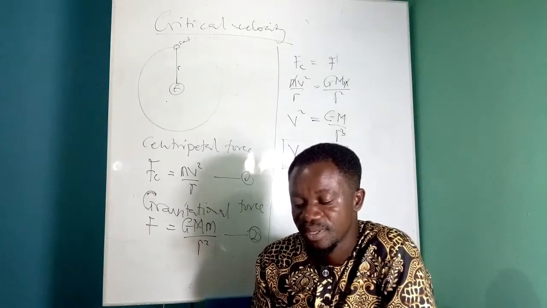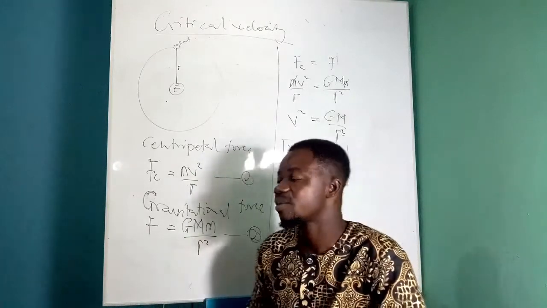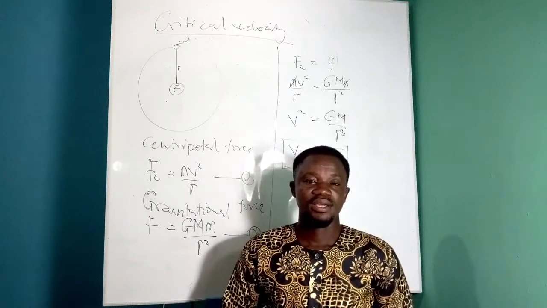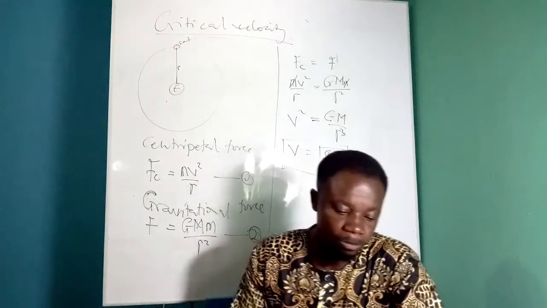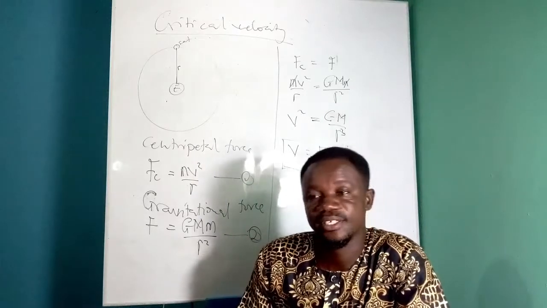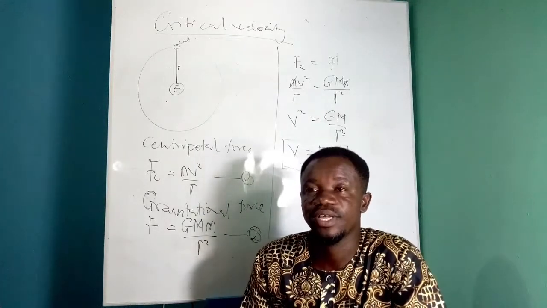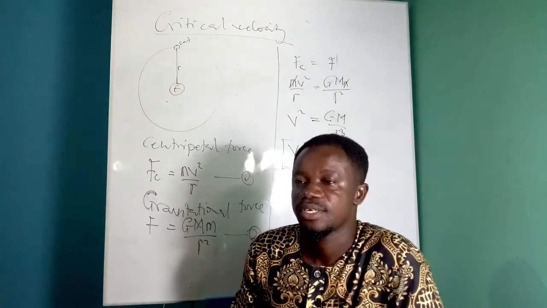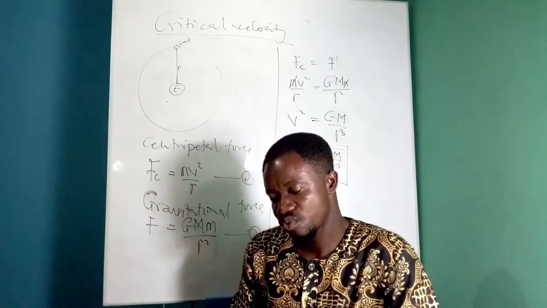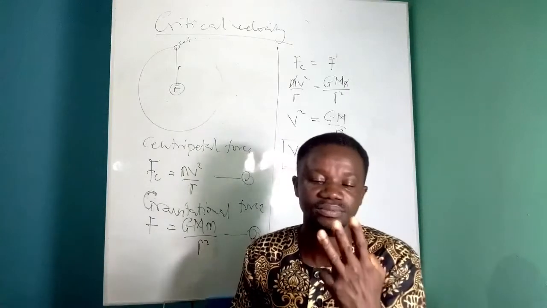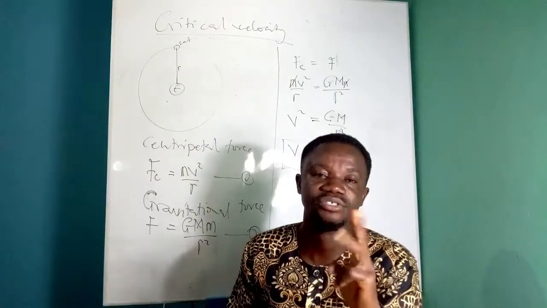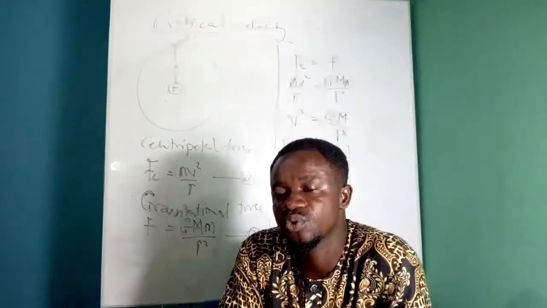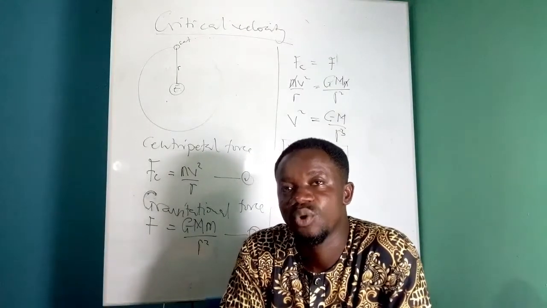Thank you. Now let's look at Kepler's laws of planetary motion. Kepler was an English scientist. He is one of the renowned scientists that the world has ever had. He came up with three laws that govern planetary motion.